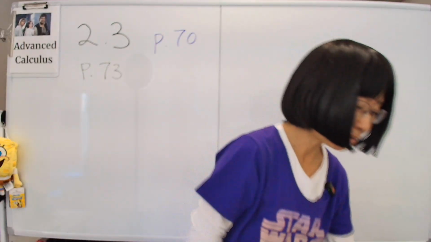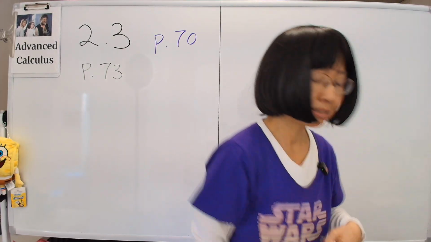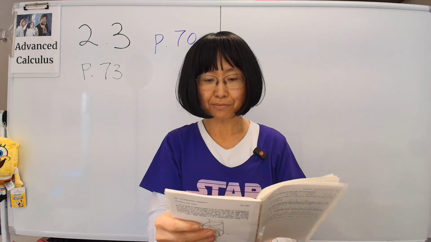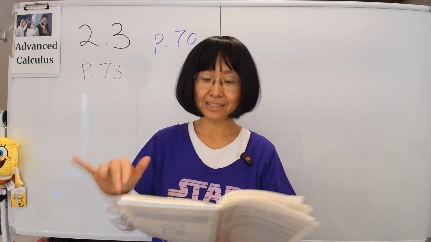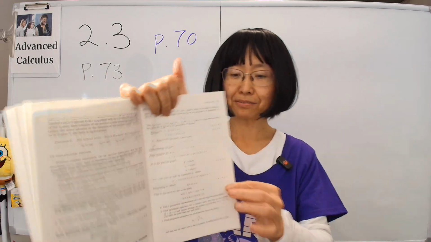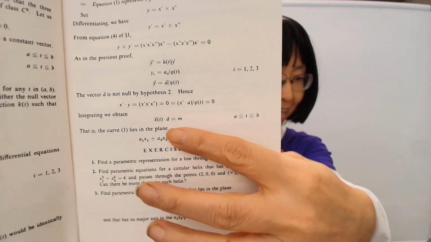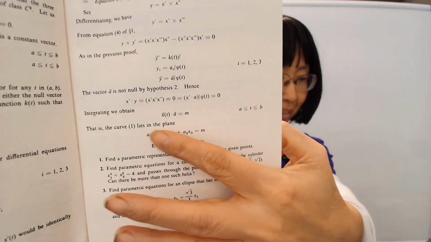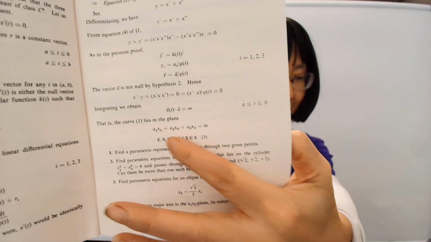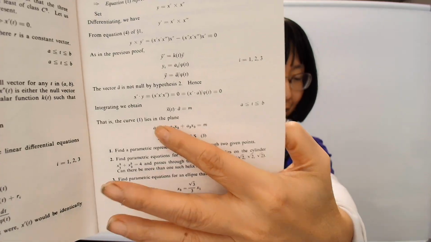So we have proven Theorem 3, that the X's that follow these conditions represent a curve that's in the plane. We have directly shown that it is indeed in the plane, okay? So X dot A equals M, and that follows the equation of some plane.